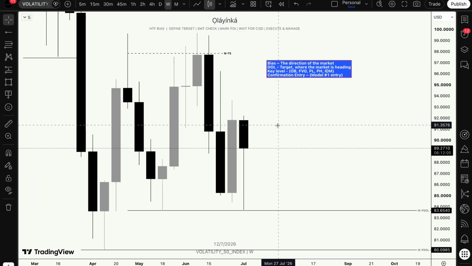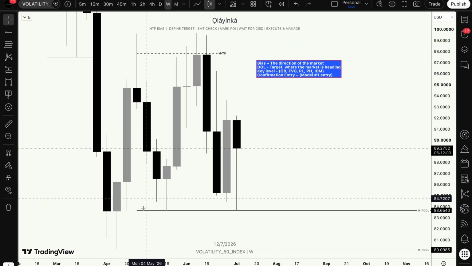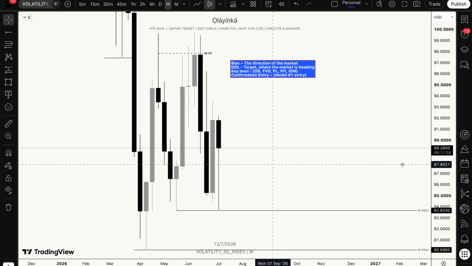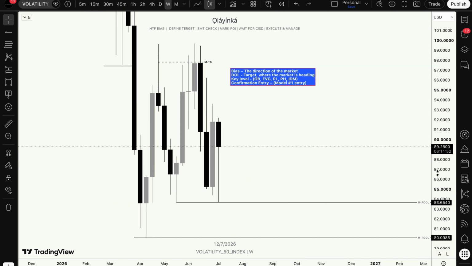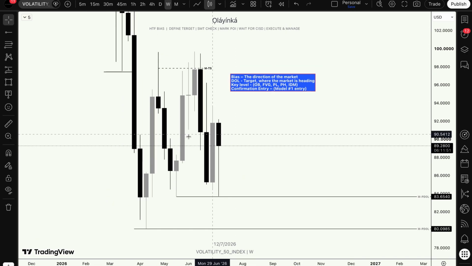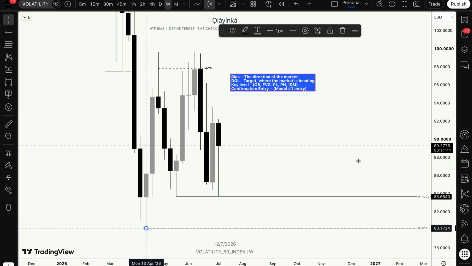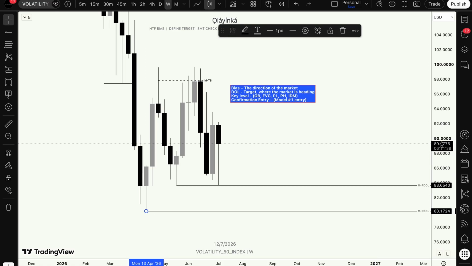as you can see, this is last week, right? This is last week's candle. So on the weekly time frame, we saw this.